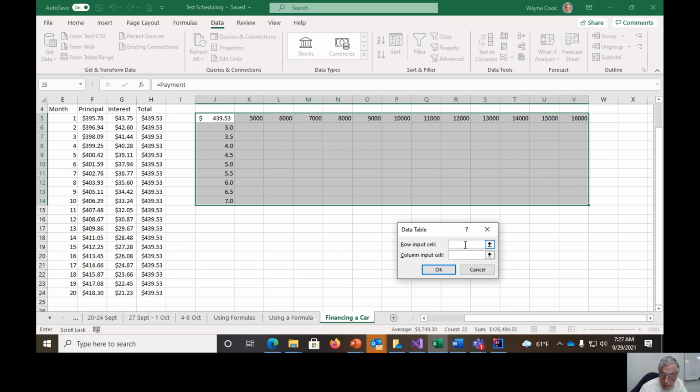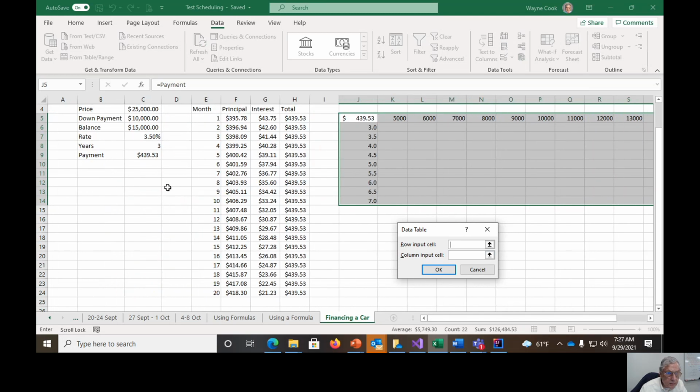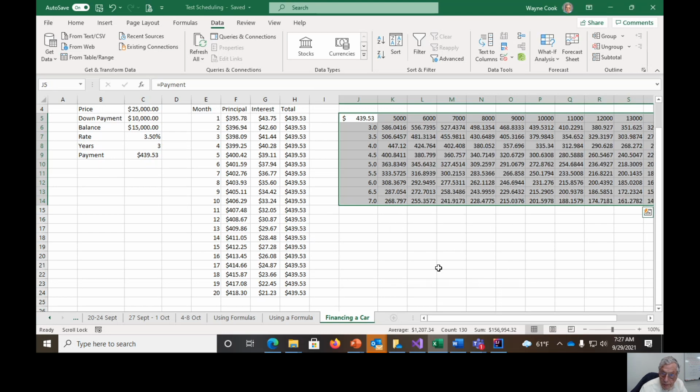What if scenarios are really nice. Then the row going across, what cell is this? And this is the down payment. Notice it's a fixed value with the dollar signs in there. And the column input is the number of years. So then, therefore, it'll fill it out.